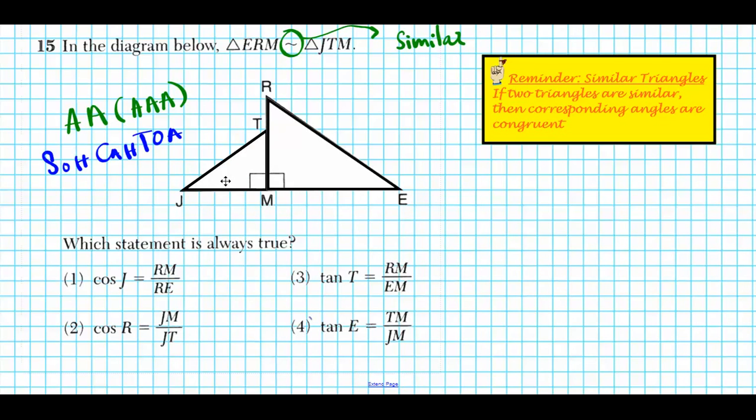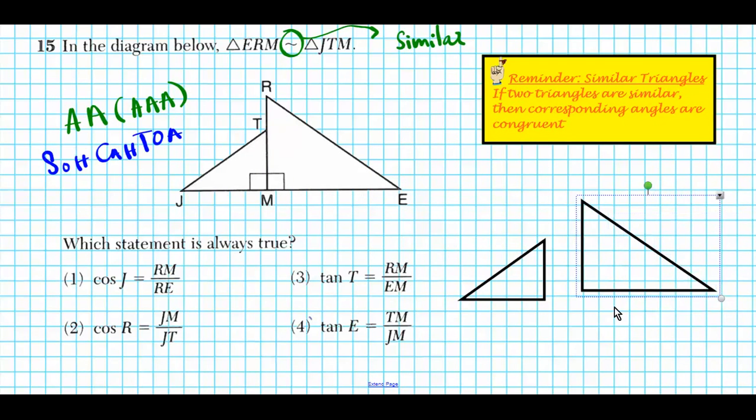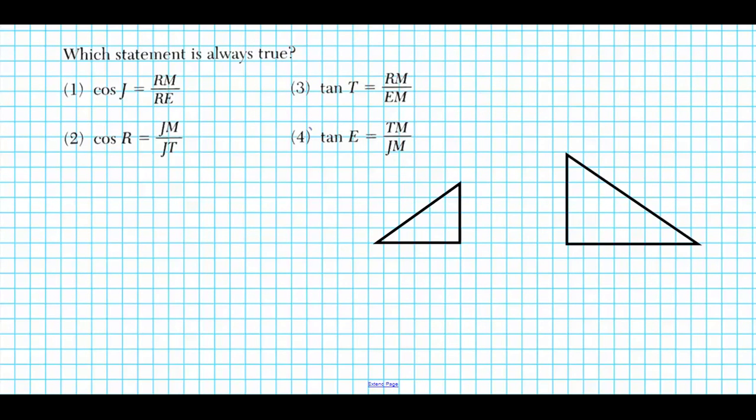Okay, so let's extract triangle JTM, and then I'll extract triangle ERM. I'm going to make 4 cases, okay? Well, I'll start with 1, and then if that doesn't work, then we'll add more triangles as we go.